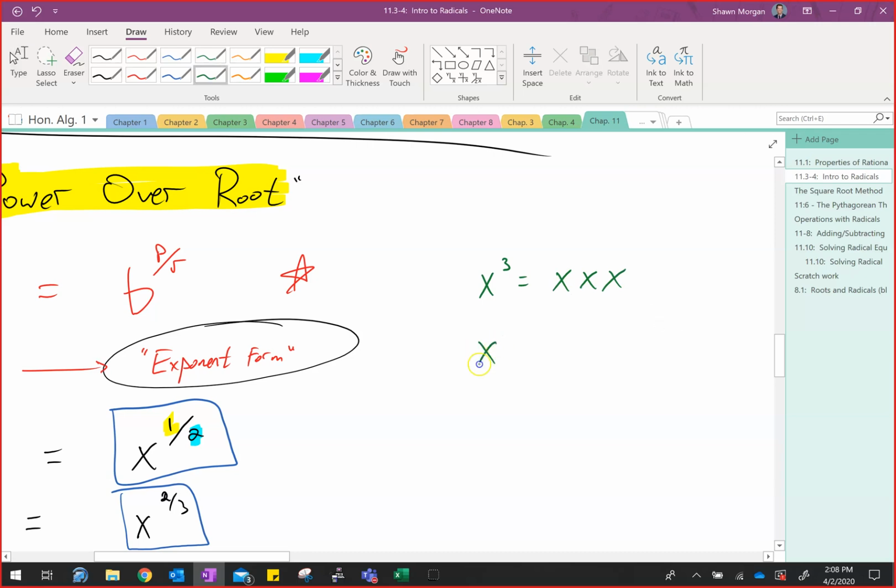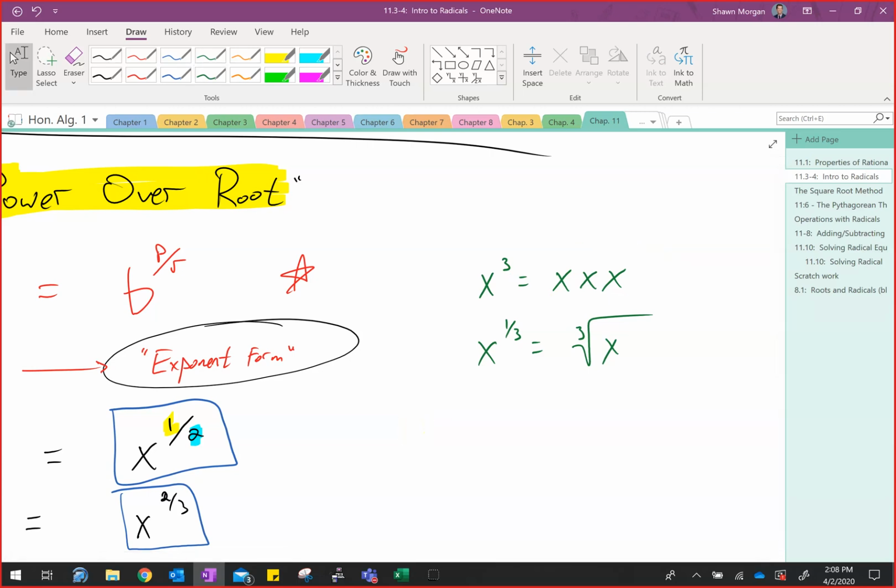But if I ask what x to the 1/3 means, that doesn't mean you erase 2/3 of your letter. That's not what that means at all. Instead, you are raising something to a fraction, and therefore you are dealing with a radical.